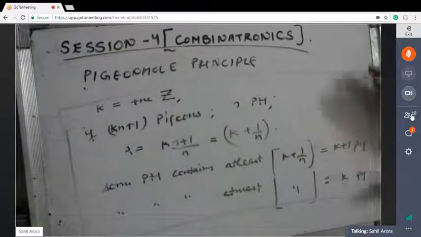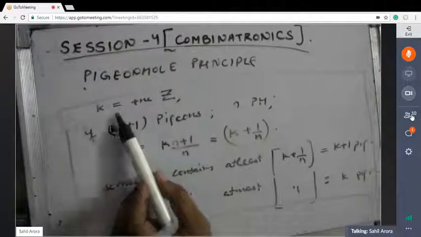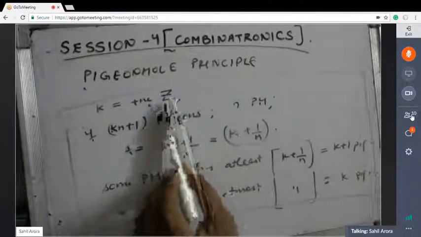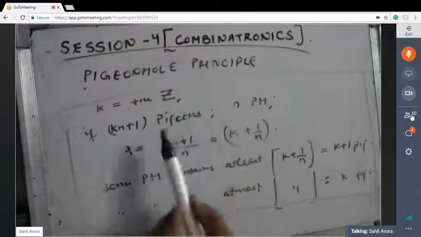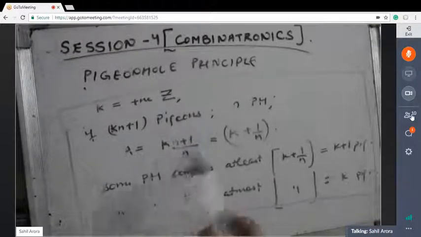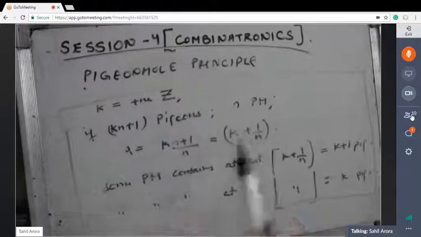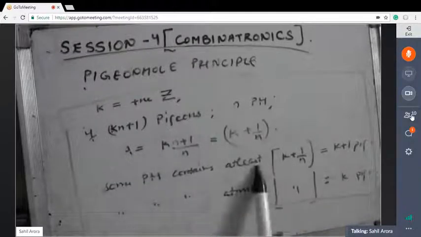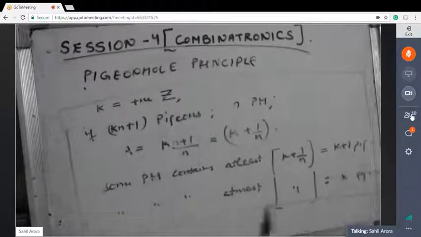So I'm repeating this whole concept again. If k is a positive integer and if kn plus 1 pigeons are put in n pigeonholes, then the average would be kn plus 1 divided by n. So it is nothing but k plus 1 by n. So some pigeonhole will be consisting of at least k plus 1 pigeons, and some pigeonhole will be consisting of at most k pigeons.